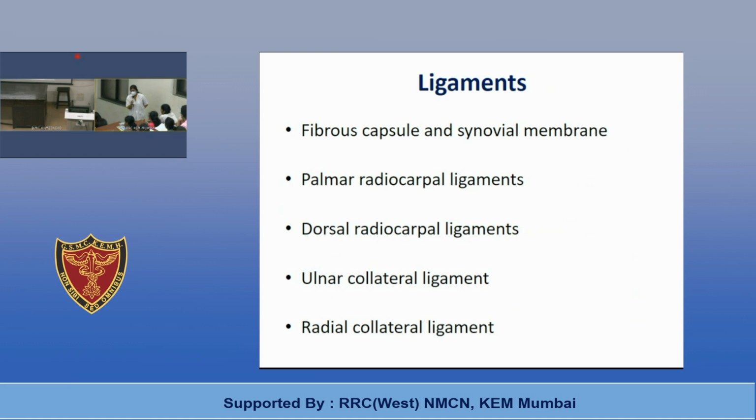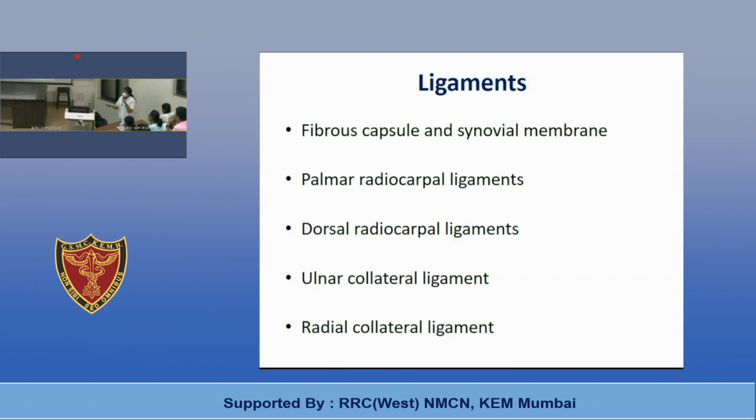Peripheral margin of the articular surface of the radius and the carpals. The thickening of the capsule medially and laterally forms the ulnar collateral ligament and radial collateral ligament. The capsule is thin anteriorly and posteriorly.